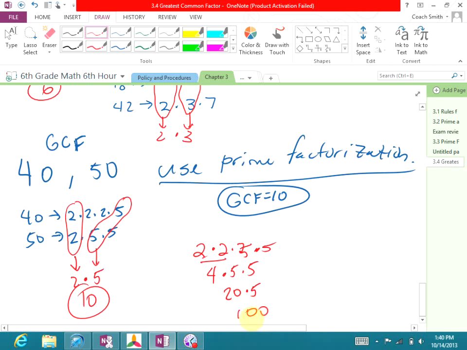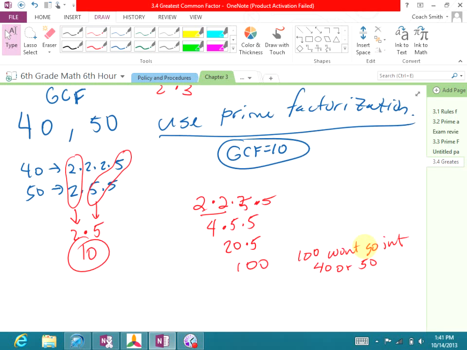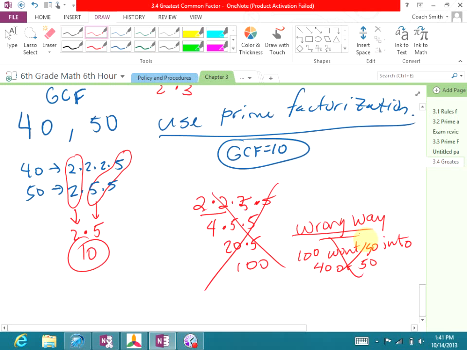Well, last time I checked, 100 won't go into 40 or 50. So that would be wrong. That's the wrong way. You're going down a one-way street and you're going the wrong way.